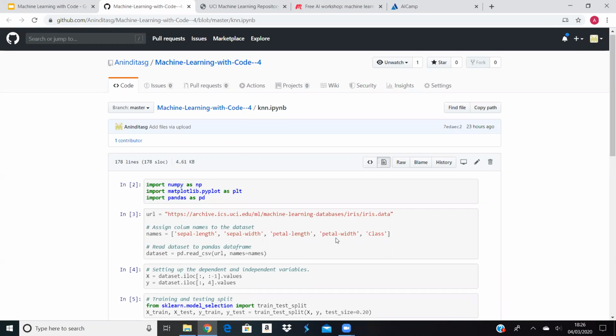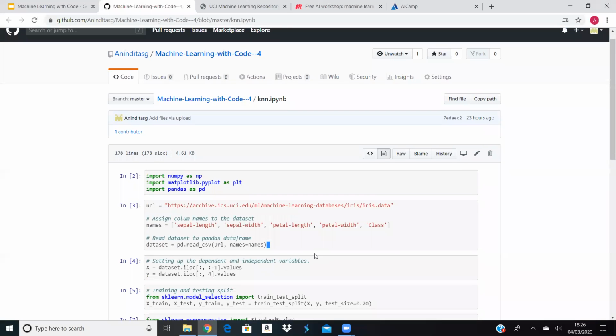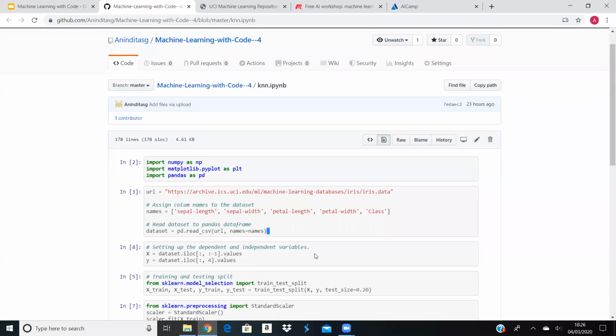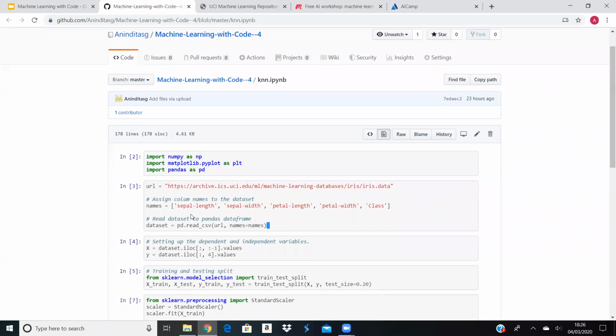You could just execute this command to read the data set and examine it. So we can see that this data set, which is actually about flowers, has 5 columns. These are the different measurements of the flower which we are using.